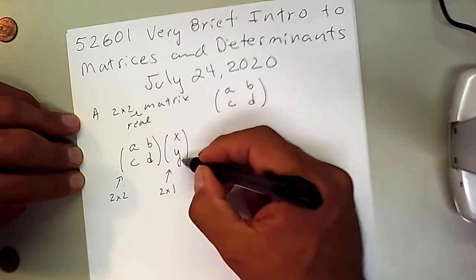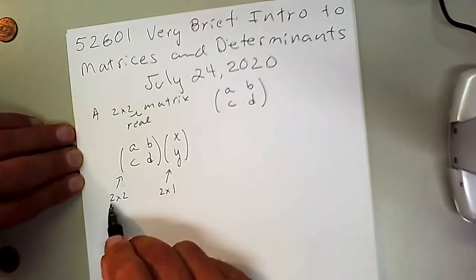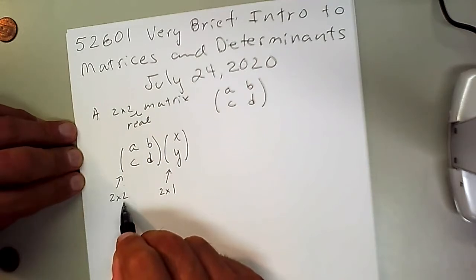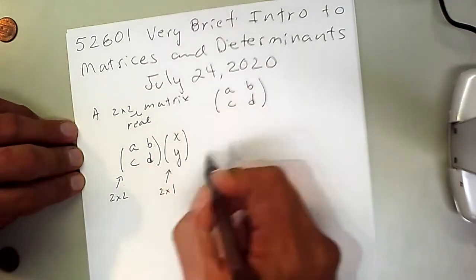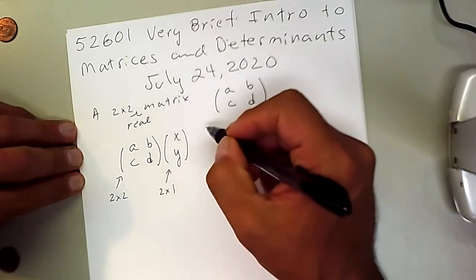So 2 rows, 1 column. The first number tells us the number of rows, the second number tells us the number of columns. Rows go horizontal, columns go vertical.